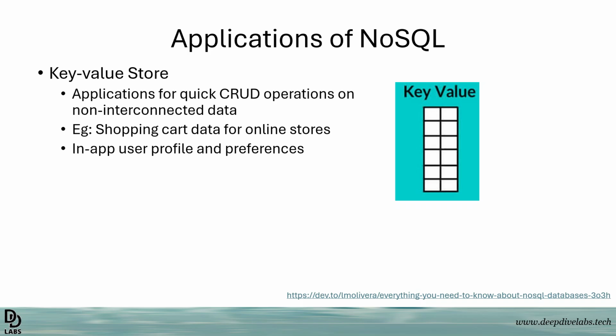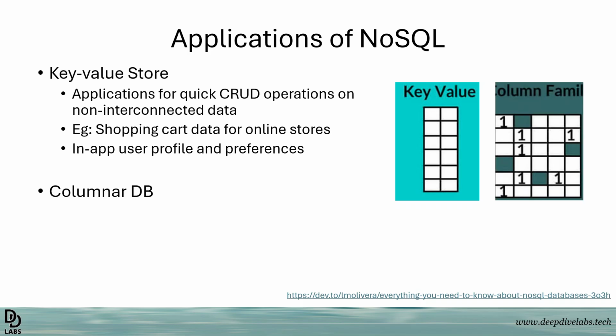The in-app user profile and preferences that the user has saved can all be represented in a key value store. One of the greatest advantages, as we saw earlier, is that a key value store accesses data very fast because it's indexed based on key.